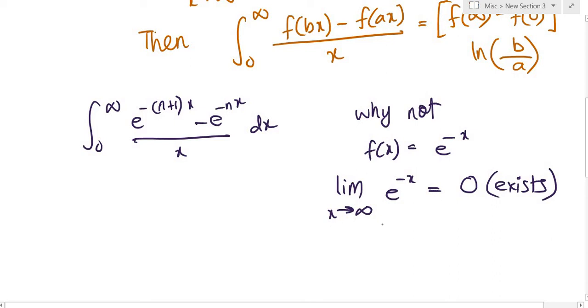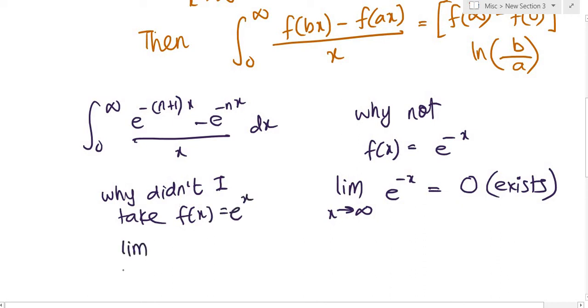I explained this a moment ago with a green color ink. Now some of you smart viewers might ask why I didn't take f of x to be e raised to x. That is simply because as x tends to infinity, e raised to that really large number is going to be another really large number.